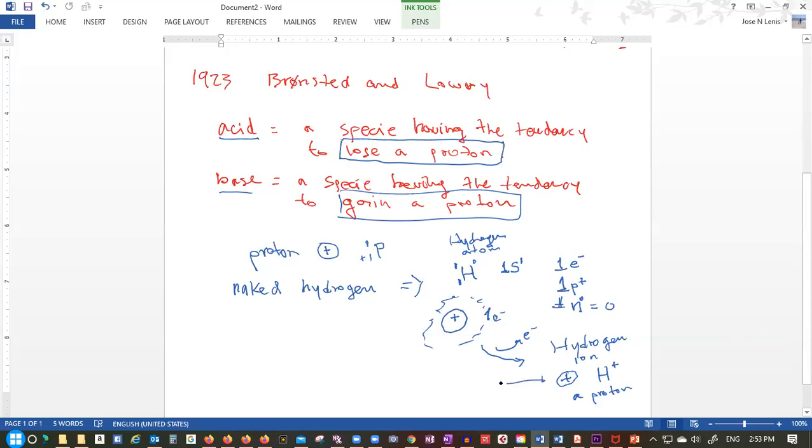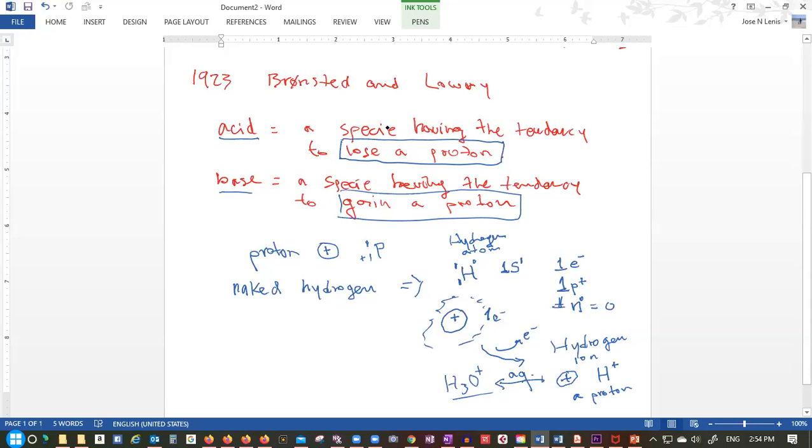So when we talk about aqueous solutions, what we really have is H3O plus ions. All right, but we'll describe that later on. That's the meaning of proton in this Bronsted-Lowry definition of acid.